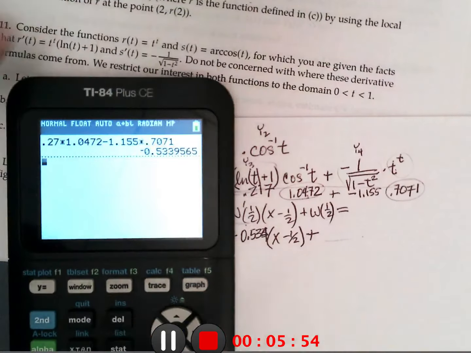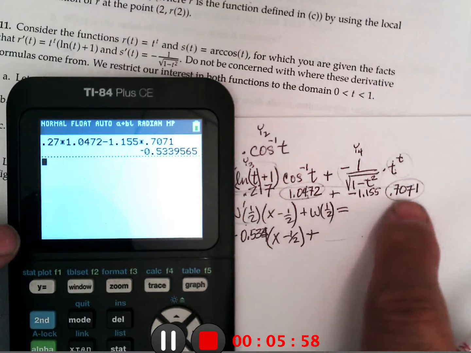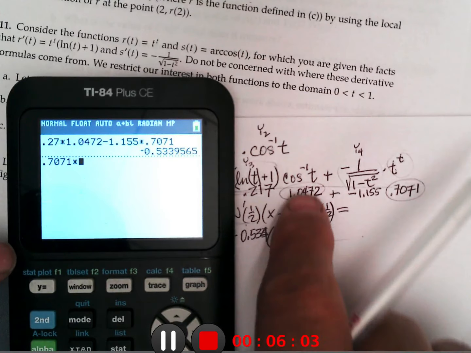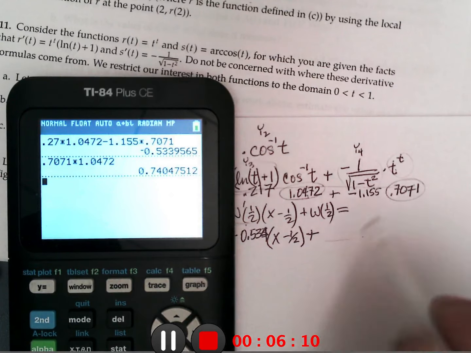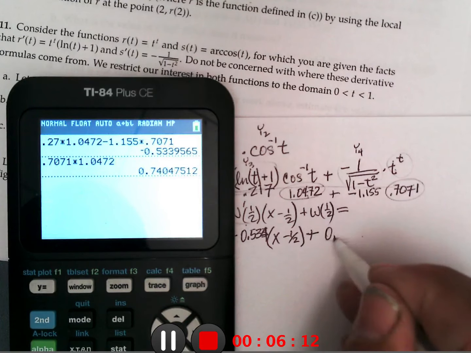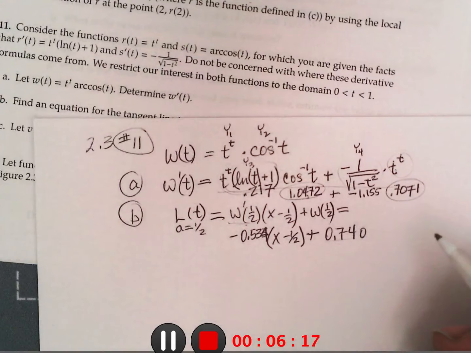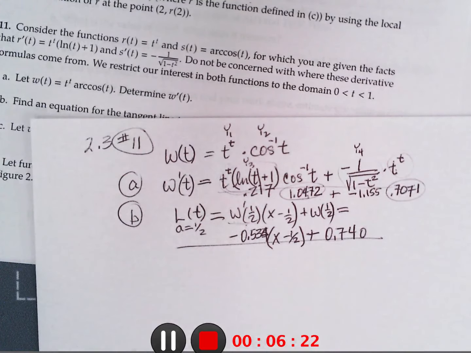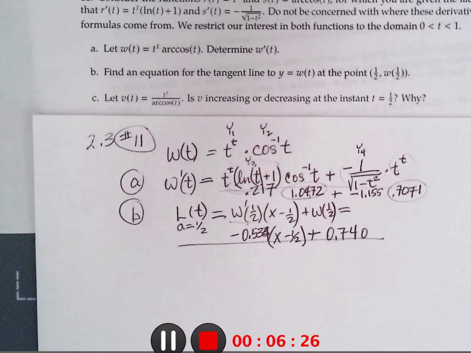So that's 0.7071 times 1.0472, and I get 0.740-ish. Okay? All right. I just wanted to show you how you could use your calculator and your tables to help you with this.